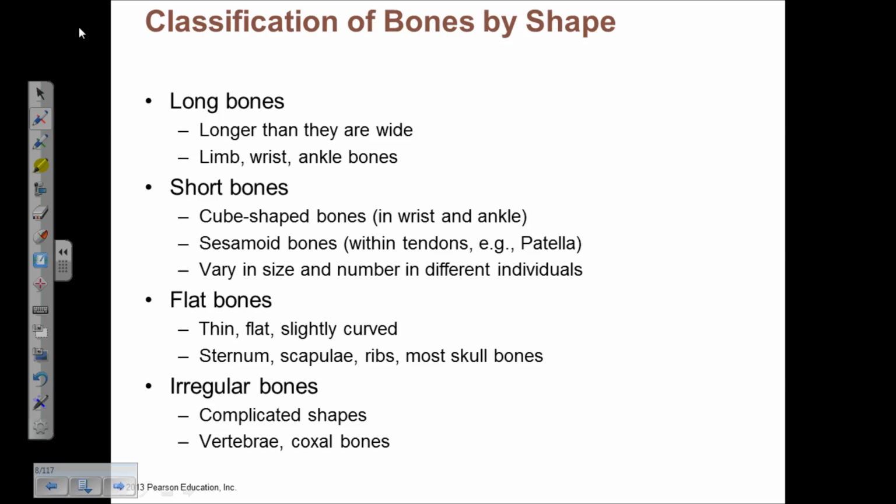Irregular bones don't have any particular shape. Does it make sense? What do you think vertebrae is going to be? Huh? Irregular. What about the scapula? Nope, flat. Yeah, that was a puzzle for me too when I first learned it. But scapula is not an irregular bone, it's a flat bone.